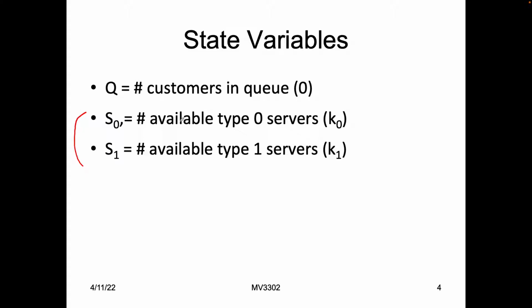And then now what about type 1? Well, for type 1, again, it's kind of the same thing. And then if we're done, then we can put the curly braces around the state transitions.